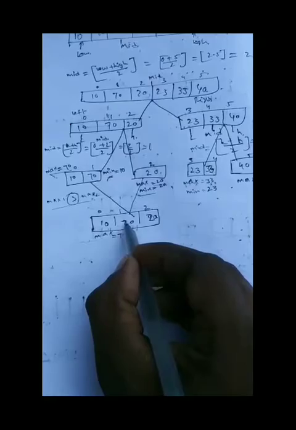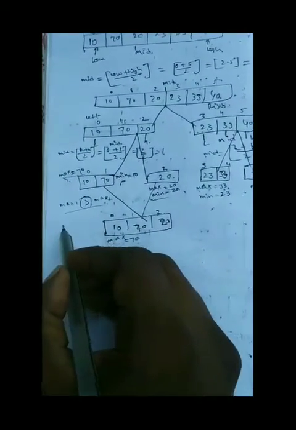For the combined sublist, the minimum should be the minimum of these two, min 1 and min 2.